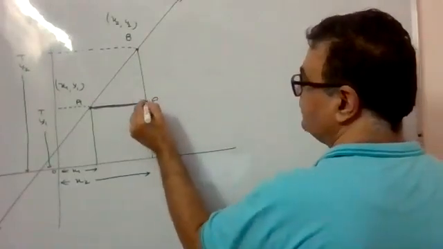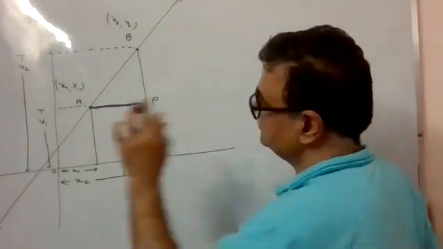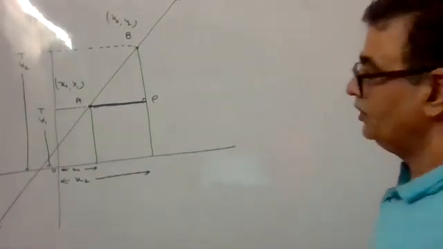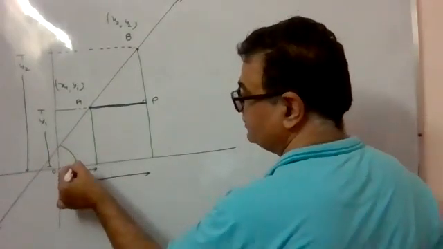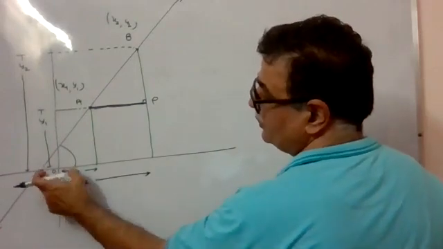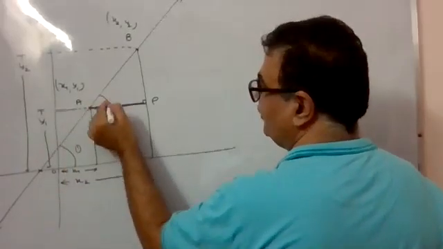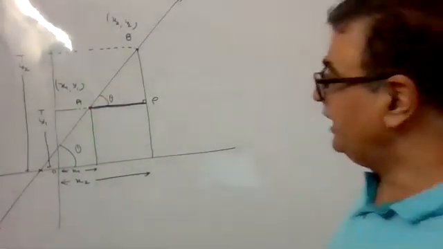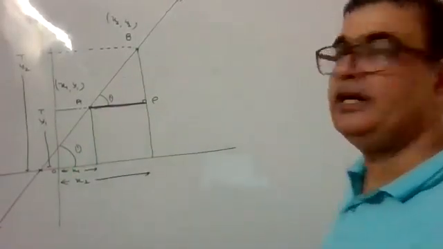This is A, B, and this is P. This angle is 90. Now, as you want the slope of the line, you need this angle first. This line is cutting here, so this one is positive, and this angle is theta. If this is theta, is this also theta? They are corresponding angles. If this is theta, then this is also theta.